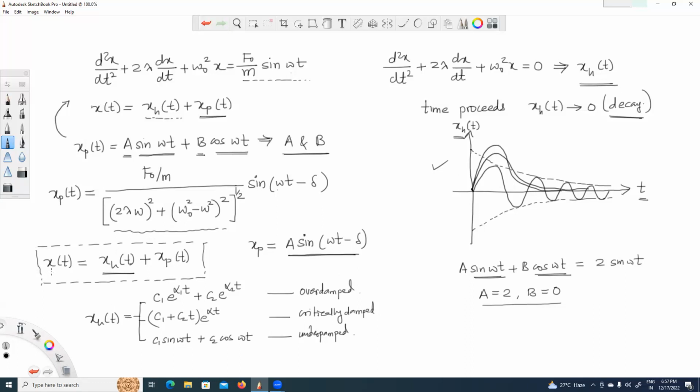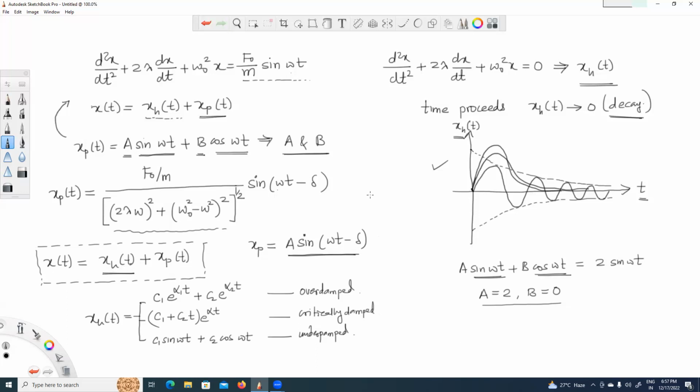So what does this mean again? This particular solution is sinusoidal, which is periodic in nature, oscillating between amplitude plus a and minus a. And xh at the same time can oscillate or not oscillate, but definitely as time progresses, it will decay to zero.